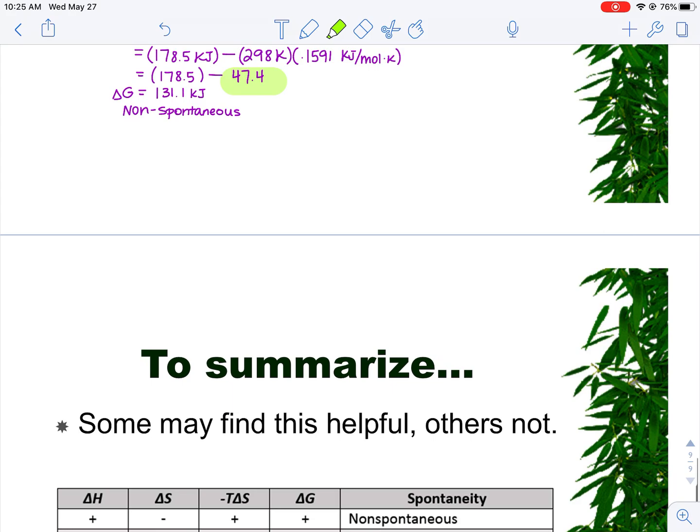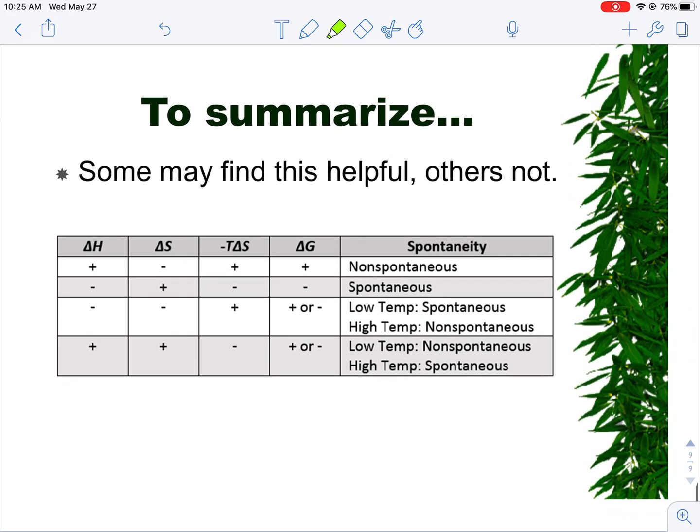So to end things off, some of you may find this helpful, others may not, and that's okay. Wherever you're at, you're at. Let's take them one at a time. If your delta H is negative, which is what nature likes, and your delta S is positive, which is what nature likes, your delta G is always going to be negative, and you're always going to be spontaneous.